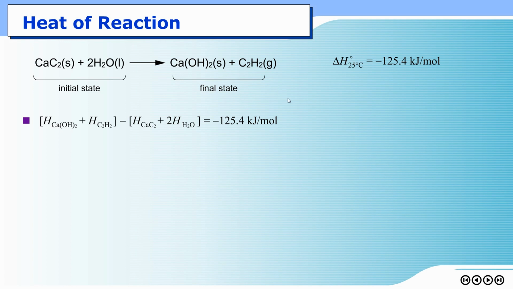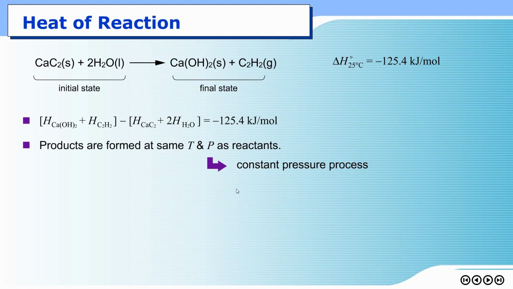And since this circle indicates that the pressure of the initial state and the final state are the same, the process itself is a constant pressure process. Under constant pressure condition, the change in enthalpy is exactly the same as heat.